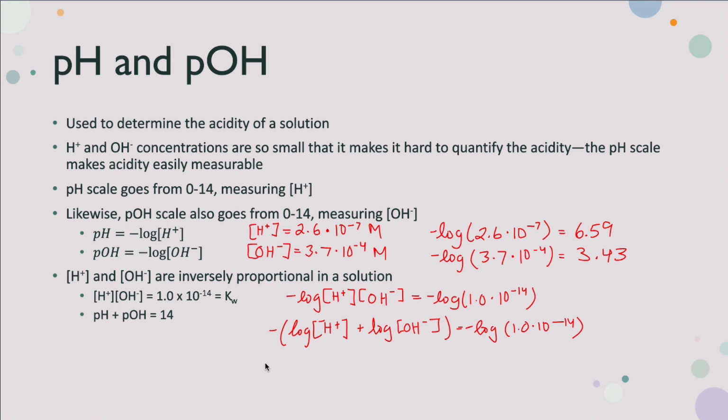And what this means is that negative log of H plus minus log of OH minus goes equal to negative log of 1.0 times 10 to the minus 14.